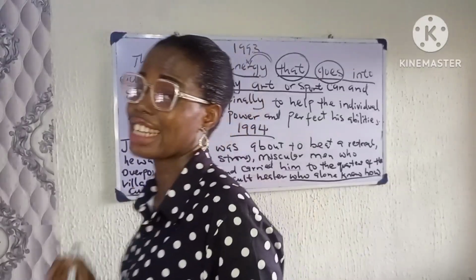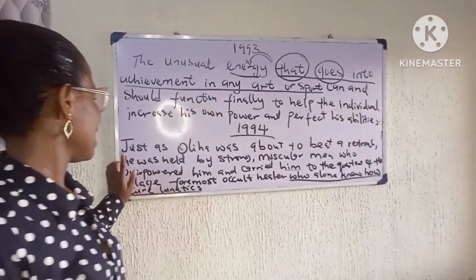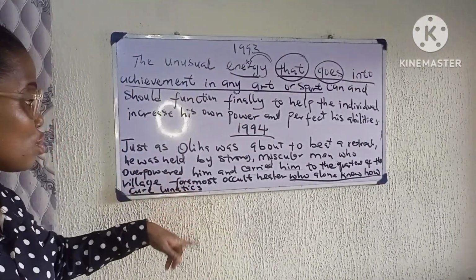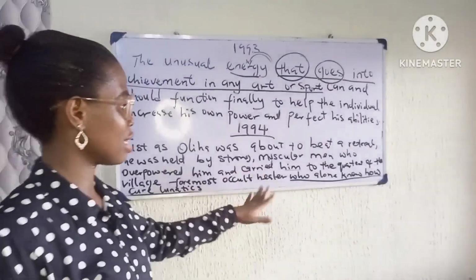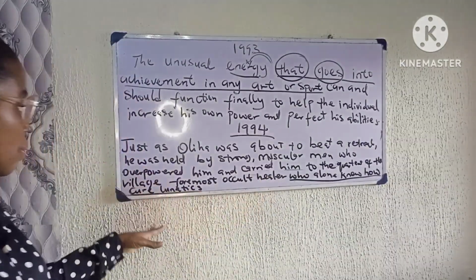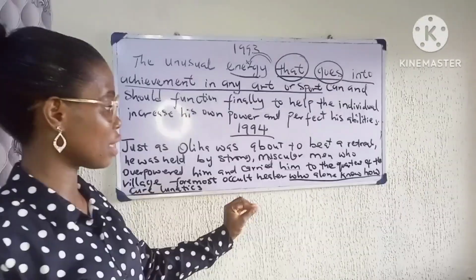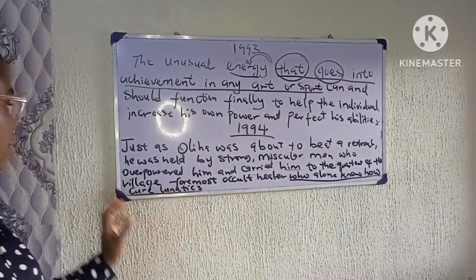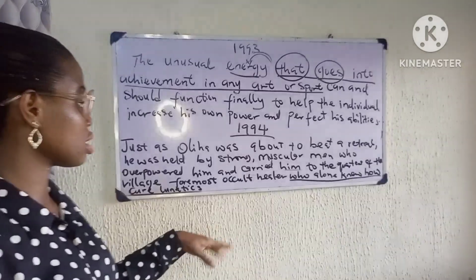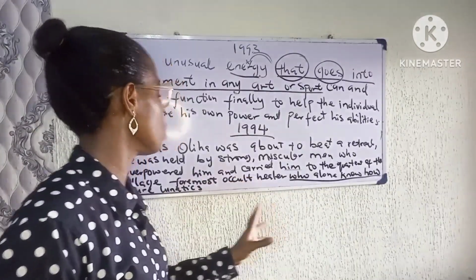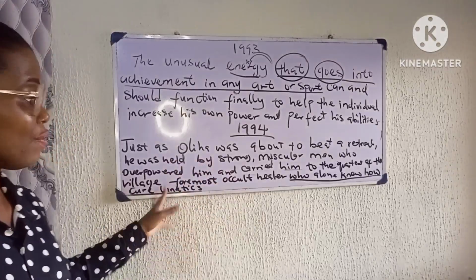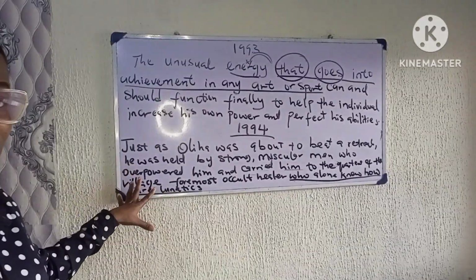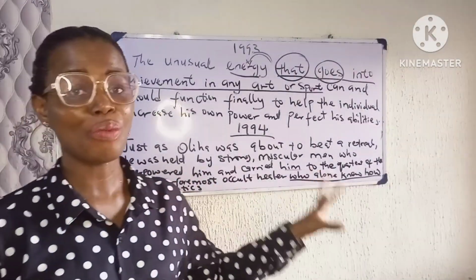Now let's look at 1994. We have: just as Oliha was about to beat a retreat, he was held by strong masculine men who overpowered him and carried him to the quarters of the village's foremost occult healer, who alone knew how to cure lunatics. This is from the 1994 past questions.